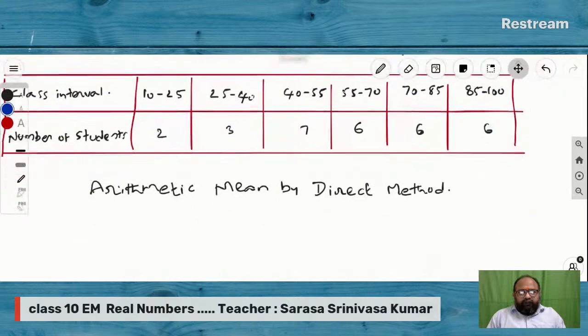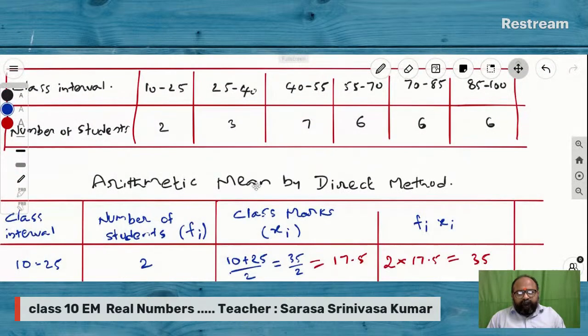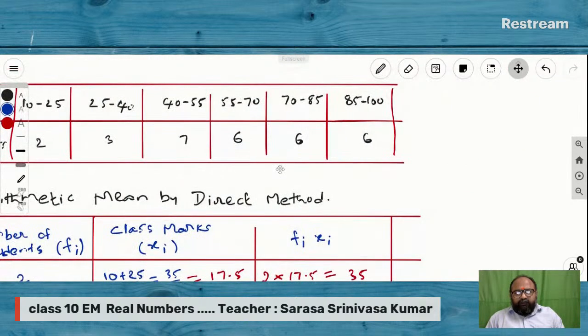Now to find class marks, that is xi, we use the formula.